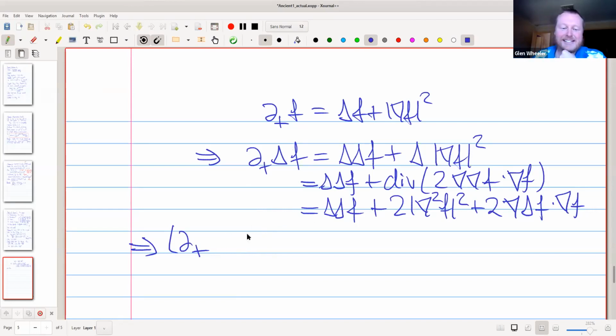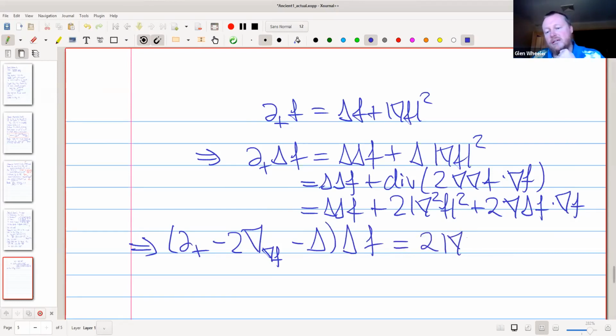So what is it? d/dt minus 2, and our first order term is this guy. And our Laplacian is just perfect. Okay, so we got it like that, and then that is just this Hessian guy here.